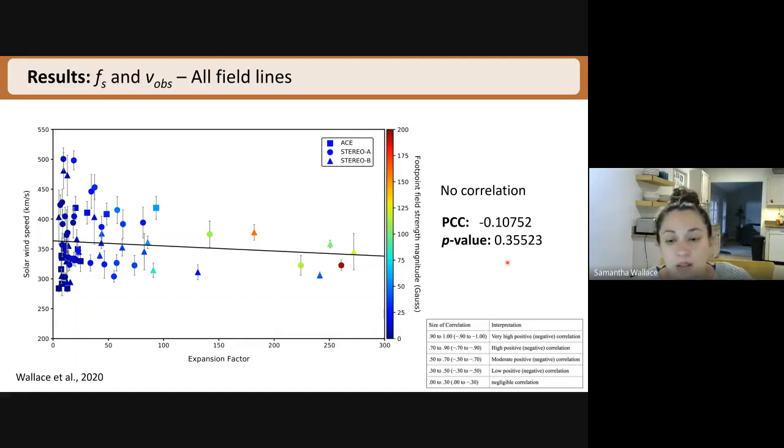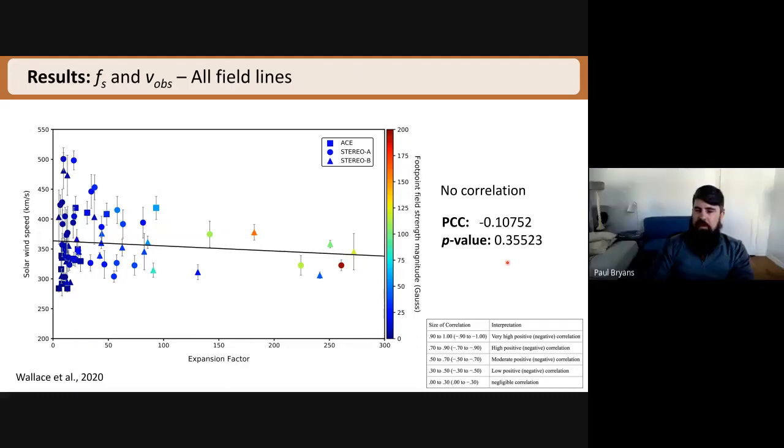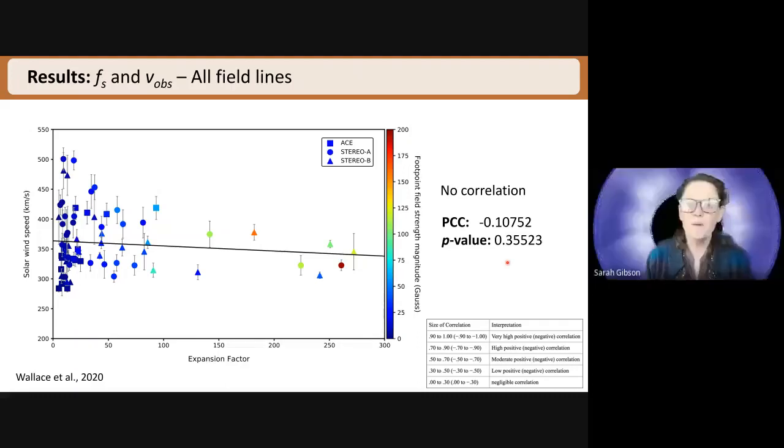Okay, thank you. Yeah. You have a question, Sarah? I think you may have actually just answered it. I was going to ask, you were talking about how you wouldn't expect the correlation because of the proximity to the boundary, and it's a more dynamic area, for example. But the other possibility is a refocusing of the expansion factor, right?